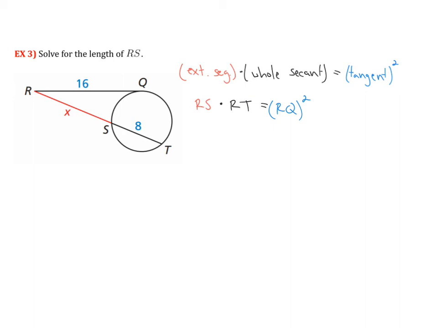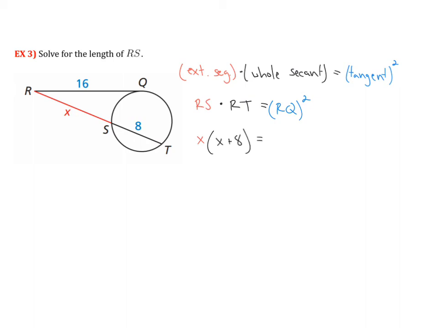So RS is going to be X. And RT, keep in mind again that to get the whole length of RT, I need to add RS, which is X, together with ST, which is 8. So I need to add X plus 8 to get RT.